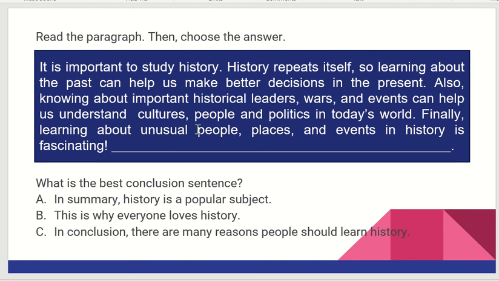Finally, learning about unusual people, places, and events in history is fascinating. So, what is the concluding sentence? The answer is C. In conclusion, there are many reasons people should learn history.